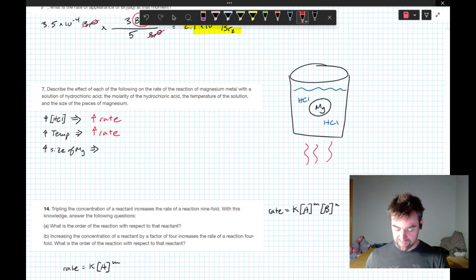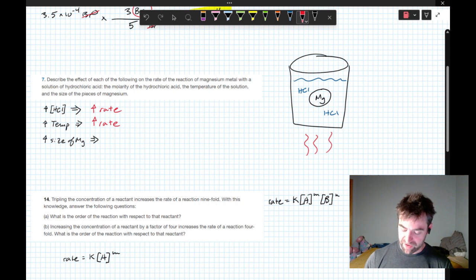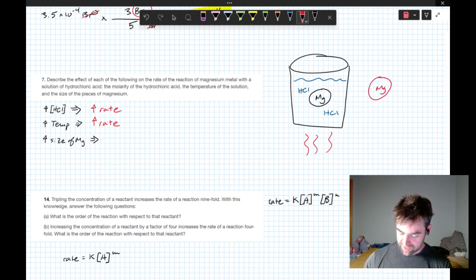That language was confusing. If I have one piece of magnesium that consists of 1 mole versus two pieces that combined equal 1 mole.